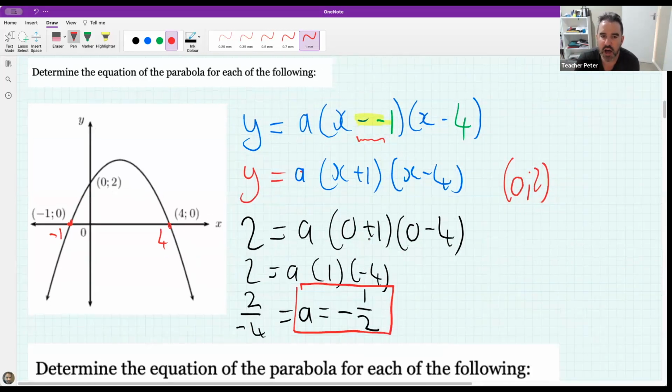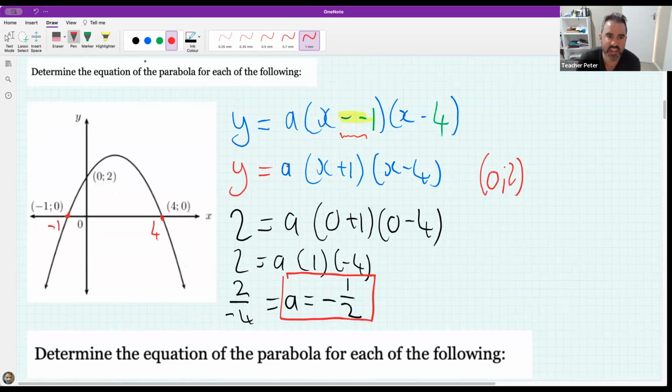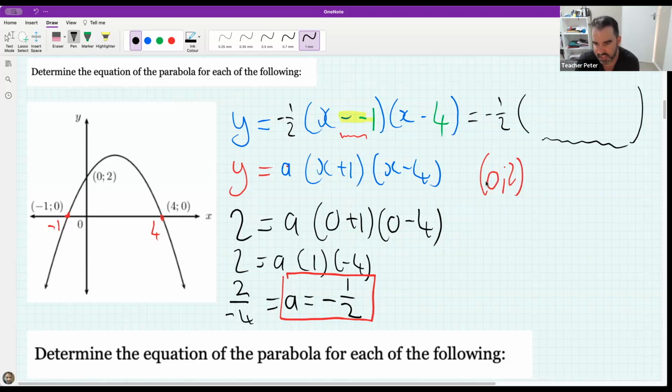Now, I want you to take that minus a half, and I want you to think, ooh, if I wanted to write this in standard form, what would I do? And what I want to say to you is, rather multiply out these two brackets first, get a whole bunch of things and simplify it, and then apply the minus a half at the end.